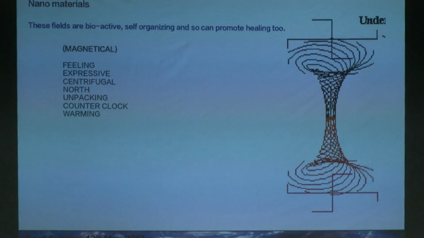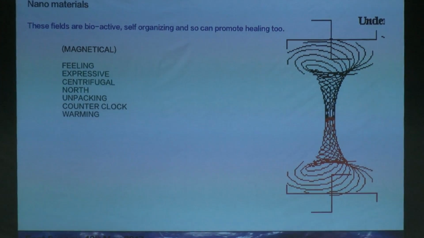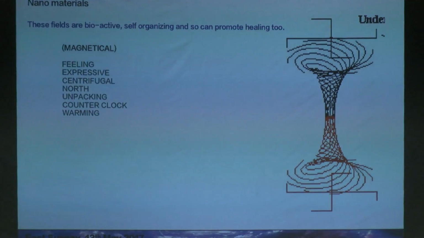So back to the feminine and the masculine. The magnetical polarity is the energy traveling outwards from a system. It's the expressive, the centrifugal, the northern part, the north-seeking, the unpacking, the counterclockwise, and the warming state.